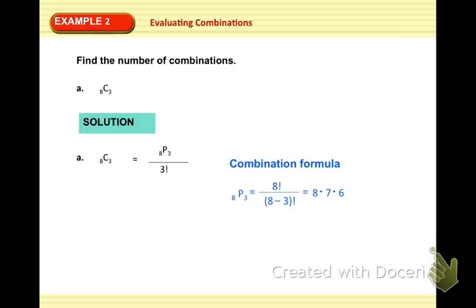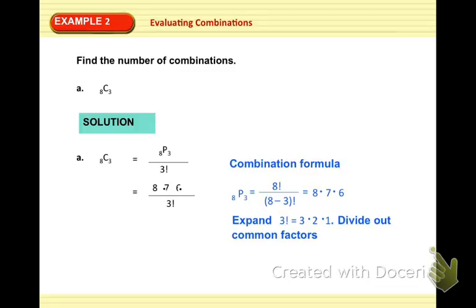Since the permutation of 8 things taken 3 at a time is 8 times 7 times 6, you'll take 8 times 7 times 6 and divide it by 3 times 2 times 1. I think some of the multiplication signs there got a little messed up. So divide that out, and the answer would be 56.